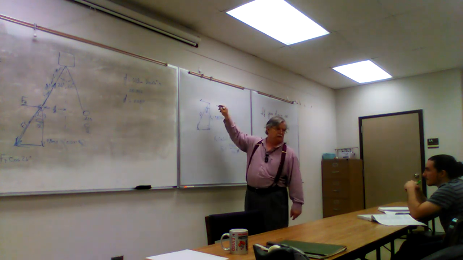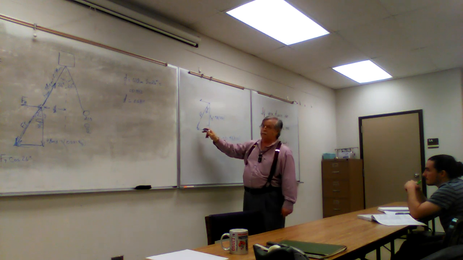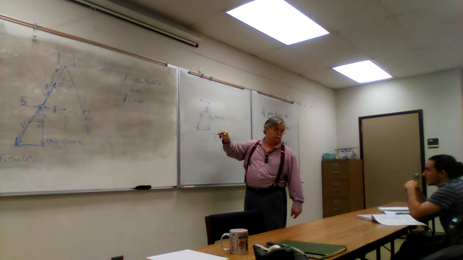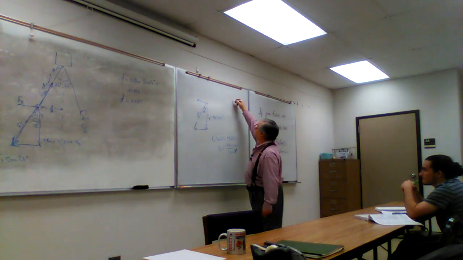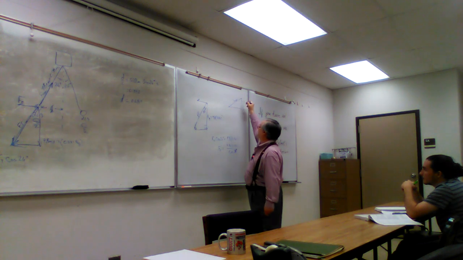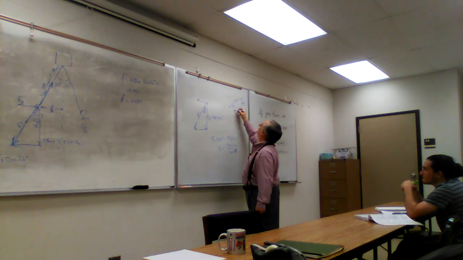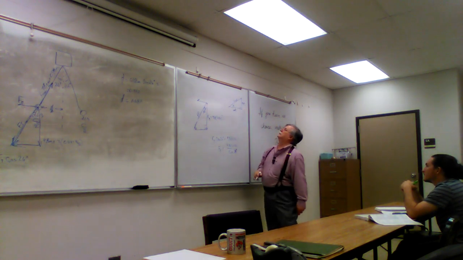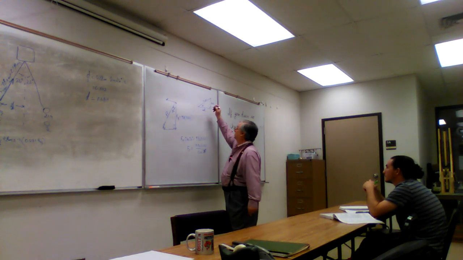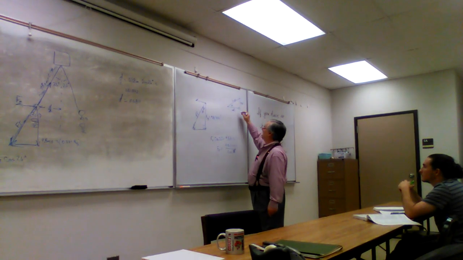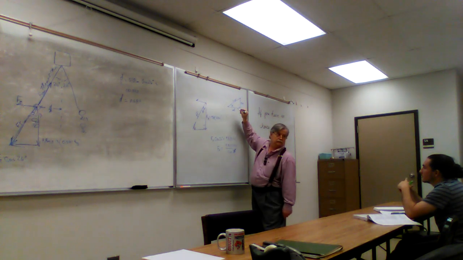The hypotenuse times the sine of the angle is equal to the opposite side from the angle. These are the parts of a right triangle: the hypotenuse, the angle, the opposite side, and the adjacent side. The hypotenuse times the sine of that angle gives you the opposite.